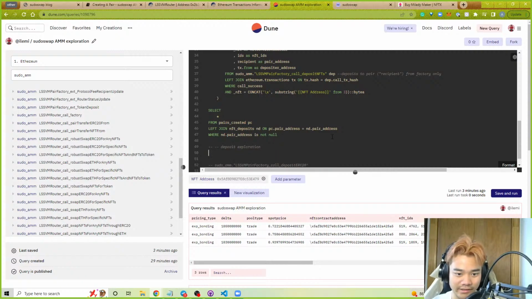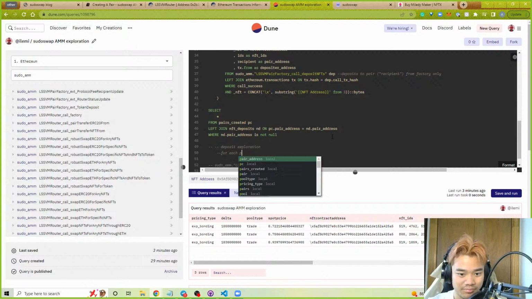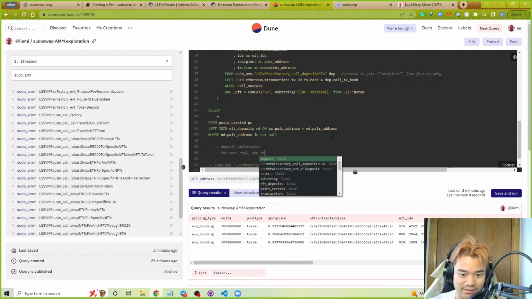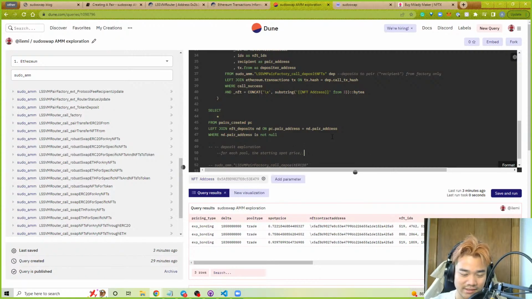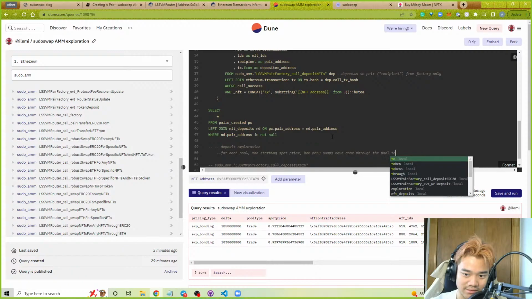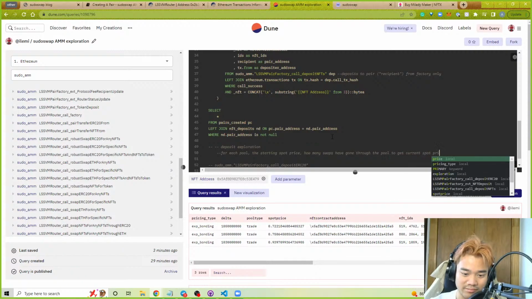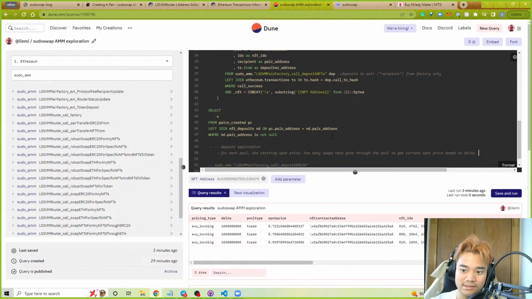So if we want to show the ticks, we need for each pool the starting spot price, and how many swaps have gone through the pool to get the current spot price based on delta.